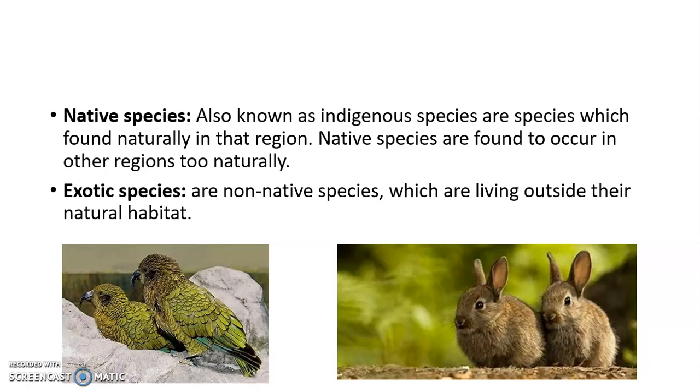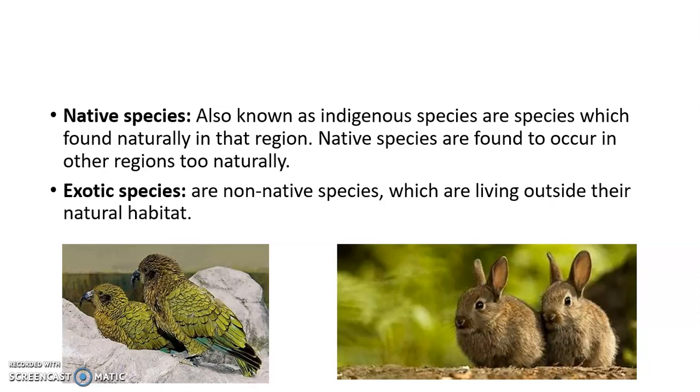So native or indigenous species are those species which are found in their natural area or the region from which they originate, and they can also exist in other places as well, but they are associated with one area or one region. For example, giraffes originated from Africa, so they are present in the African countries, but the giraffes can be found in other areas as well, but they are native to Africa.